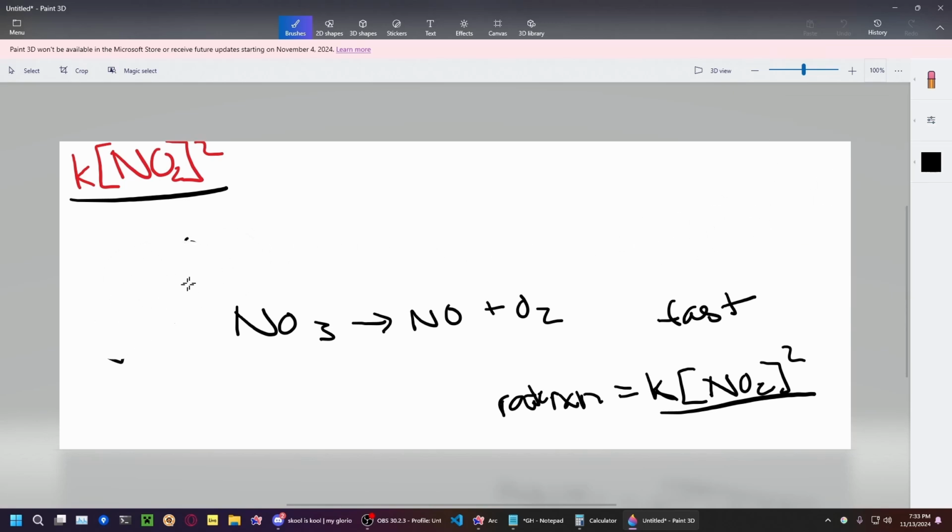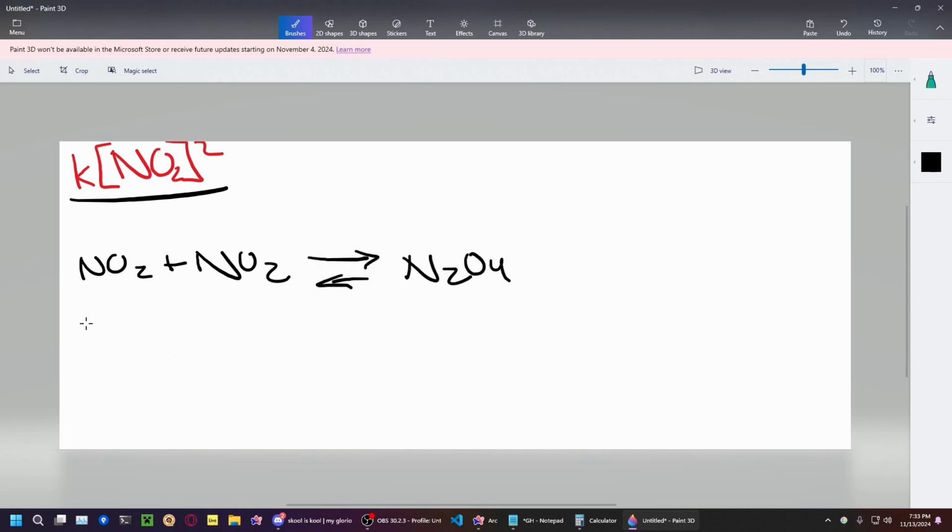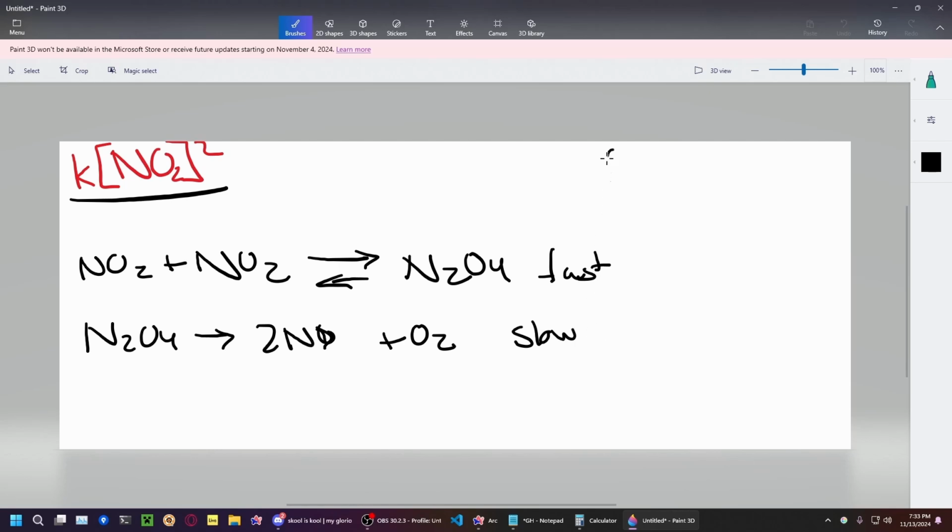So the second one's a bit more involved. You have NO2 plus NO2 in equilibrium with N2O4, our intermediate. Now N2O4 then yields NO plus O2. So they'll give you a slow reaction and a potential fast reaction.